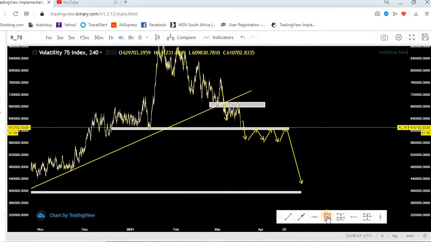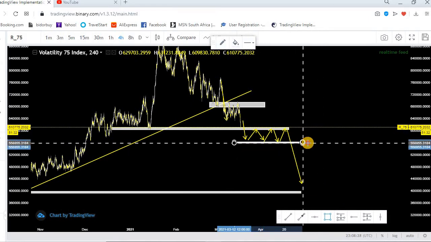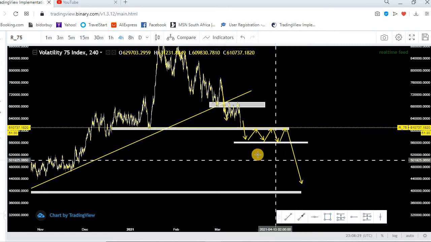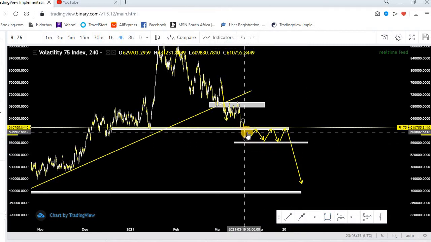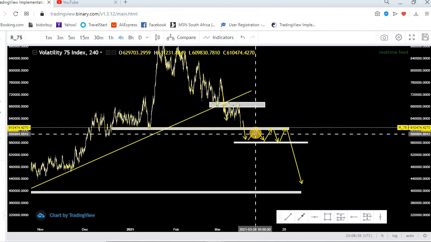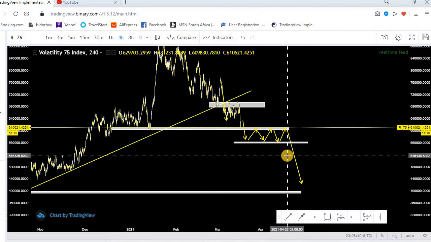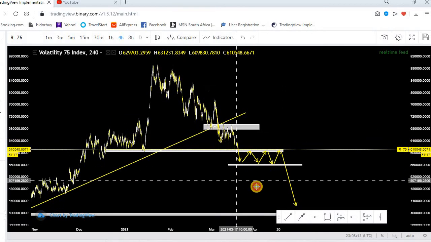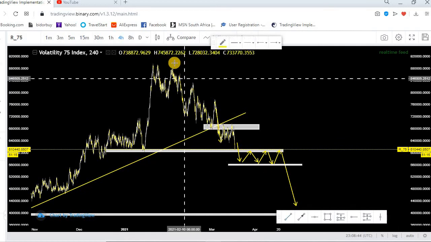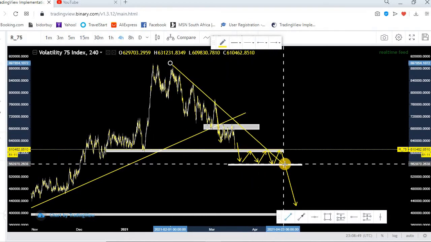Because what will be happening here is that it will be validating the impulse movement correction strategy while validating the breakout and retracement or pullback strategy. So you'll be having two confirmations, while knowing very well that another confirmation is that we are still in a downtrend.